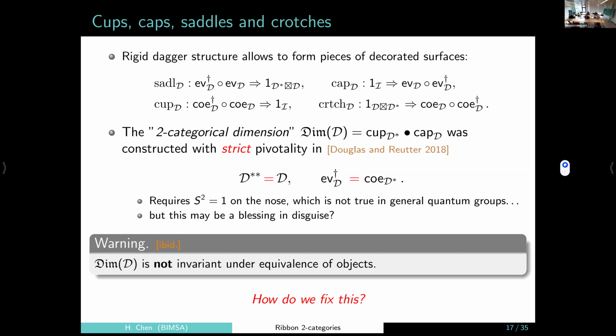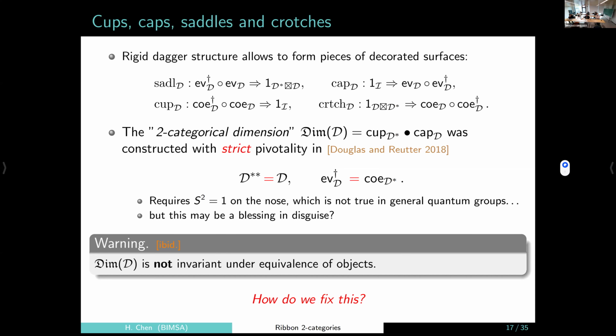Strict pivotality assumes that you have an equality on the nose of the double dual with the identity, and also strict equality of the dagger of the evaluation with the co-evaluation on the dual. But this is very strong because it hides too much stuff. Of course, this requires S squared to be the identity, which is too strict for my liking.